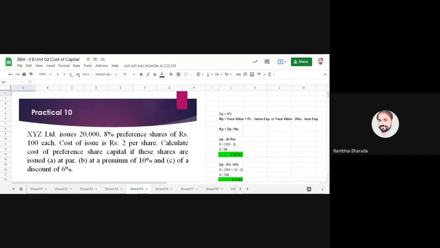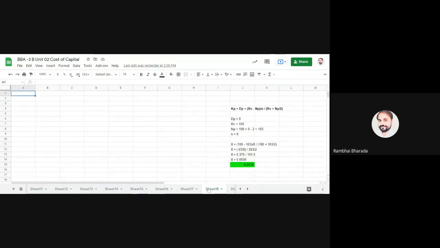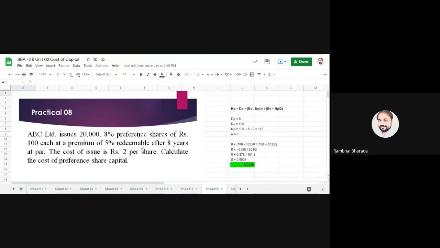If in a practical question we have preferences plus some information about redeemable after X years, then we need to apply the second method of cost of preference capital, that is cost of redeemable preferences. अगर रिडीमेबल वर्ड कहीं पे भी प्रैक्टिकल क्वेश्चन में दिखे तो हमें ये फॉर्मूला अप्लाई करना है. अगर रिडीमेबल वर्ड नहीं है तो हमें प्रीवियस वाला मेथड अप्लाई करना है. Are we clear about this?